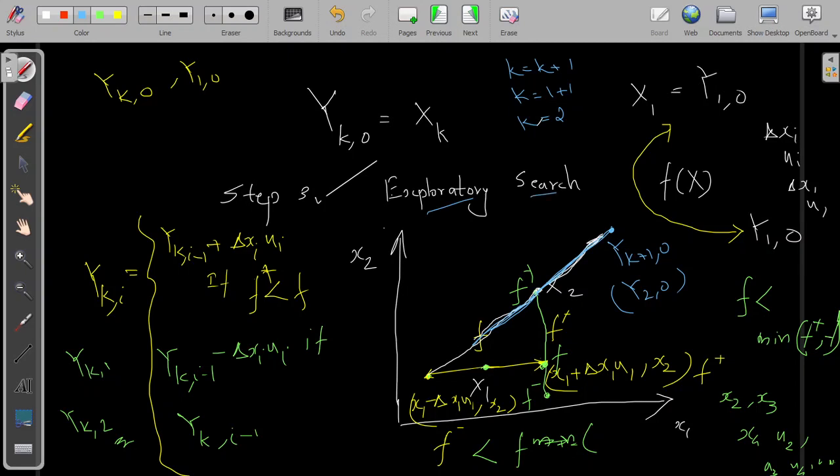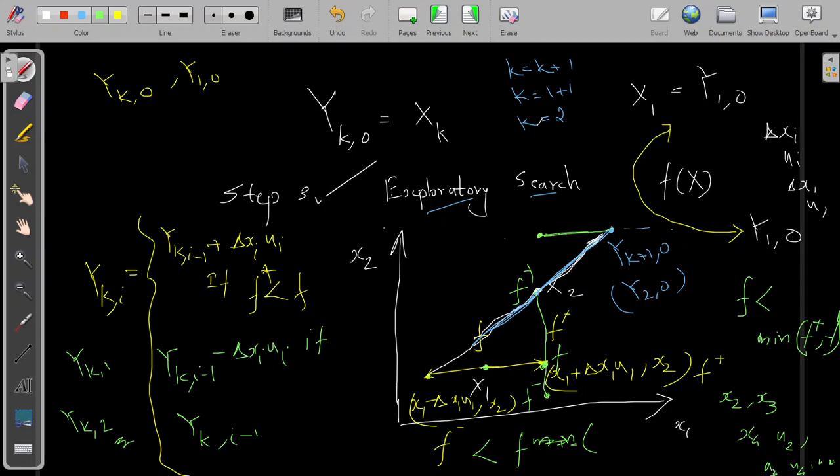So what we will do is choose the direction parallel to x1, that is u1. We will find out whether we have to go in this direction or in this direction. Suppose the direction is this one, and we got a new point here in the exploratory search.